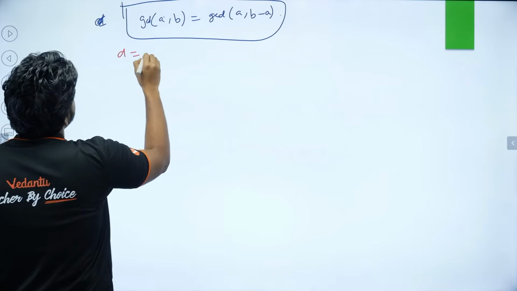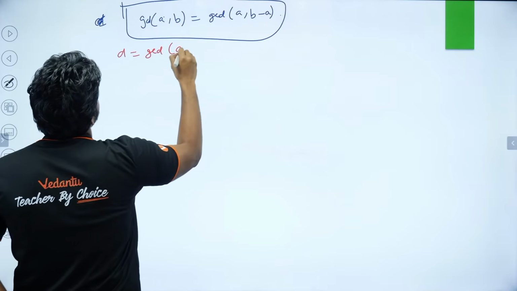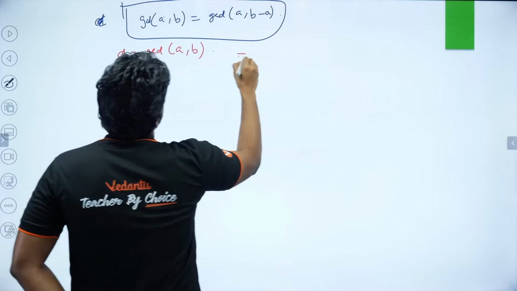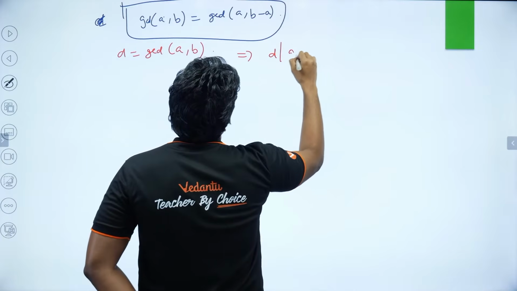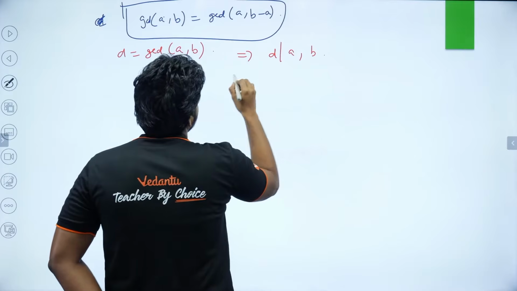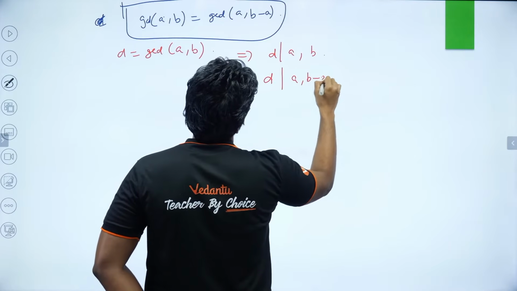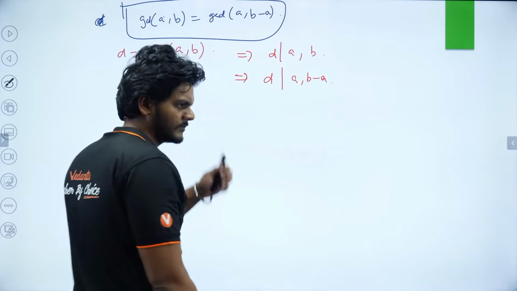So, let D be the GCD of A comma B, which implies D divides both A and B, which also implies D divides both A and B minus A. There is no problem till now.